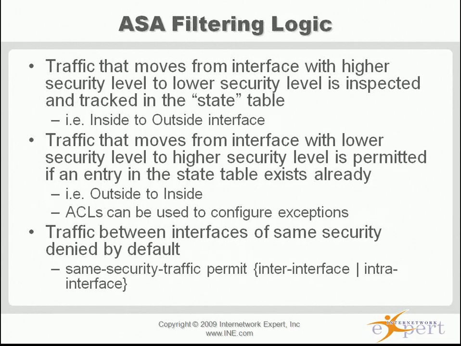If it's not return traffic, if it was traffic initiating from the outside, then I might need to get into other situations, things like possibly needing an ACL on the firewall itself for that interface to explicitly allow it. By default, just looking at security levels, it goes from higher to lower, keeping track of that state information for the return traffic. Again, things like ACLs can be used for exceptions.